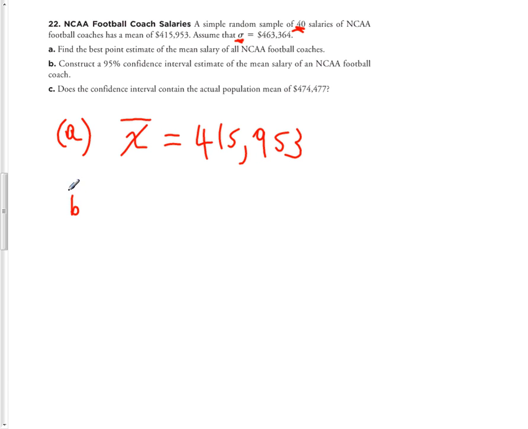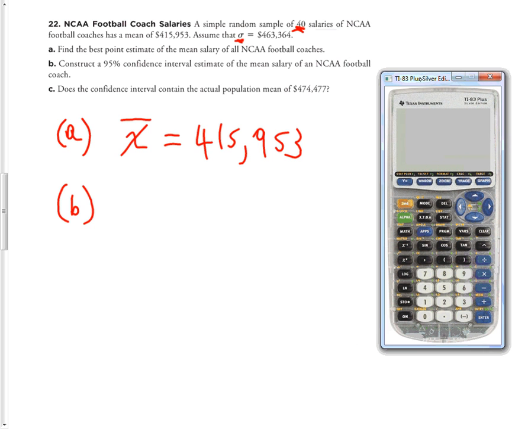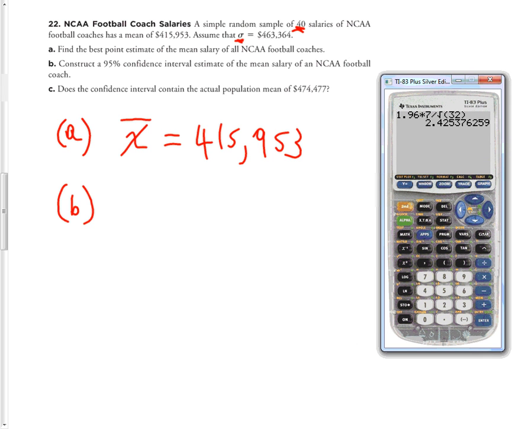Part B, construct a 95% confidence interval estimate of the mean salary of an NCAA football coach. For this, we're going to use our TI-83 calculator. Let's turn it on and clear it.